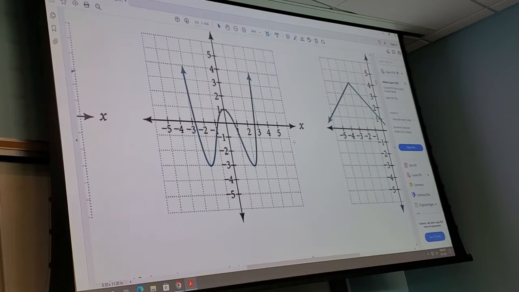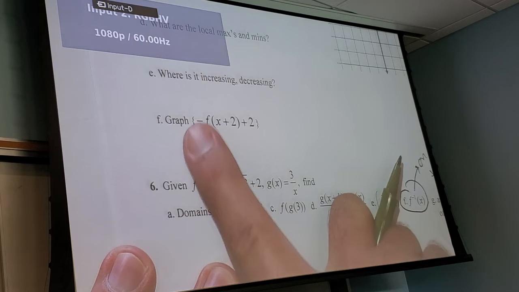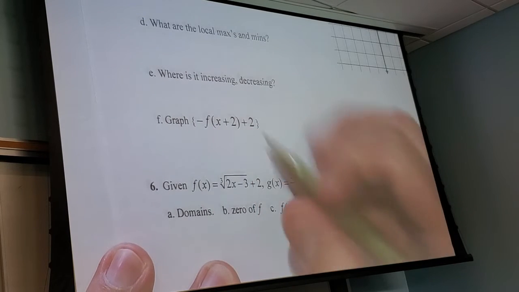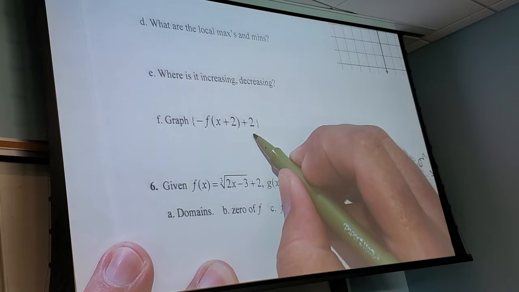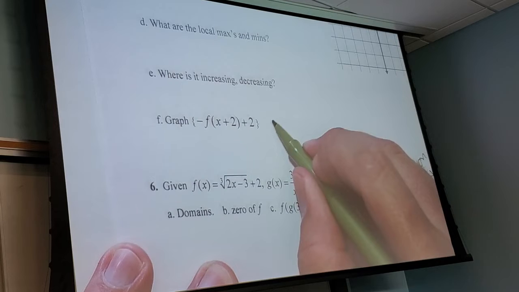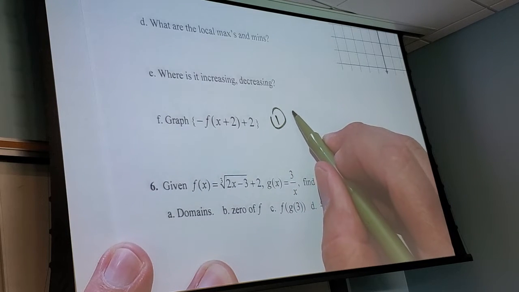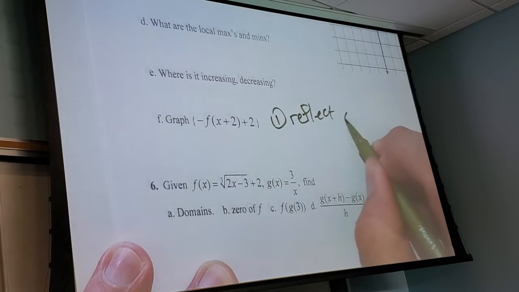So part F, so let me balance between these two things. Part F says to graph this. How many transformations are involved here? 3. What are they? What's the negative do? Reflect it around what axis?